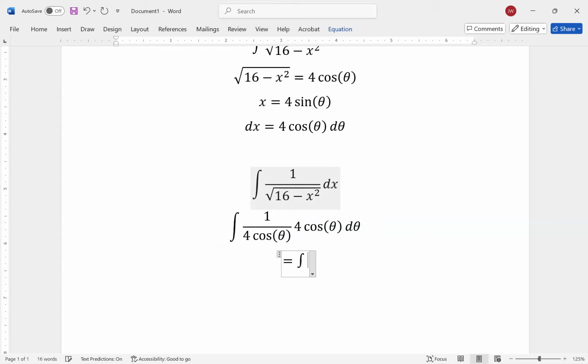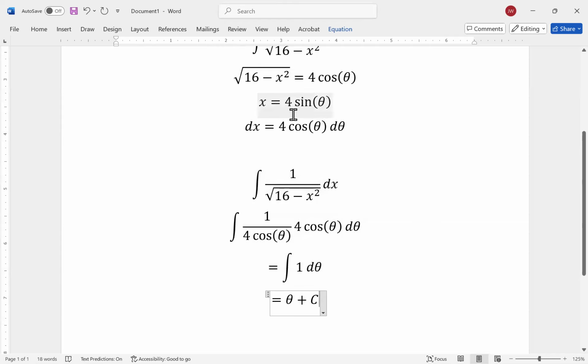And that integration is just the integration of 1 with respect to theta. So I just get 1 theta plus a constant as my set of antiderivatives.